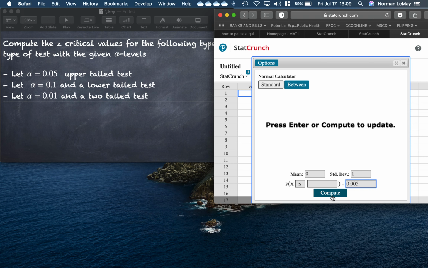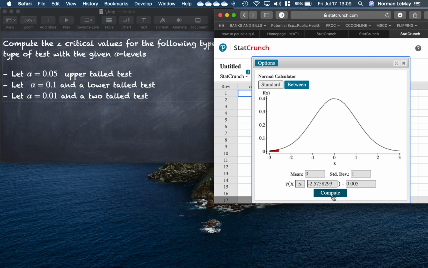So when I compute this, notice it says our fence line occurs at negative 2.58. So that means right here is a fence line, and then right over here at 2.58 is also a fence line. This area is 0.05. This area is 0.05.